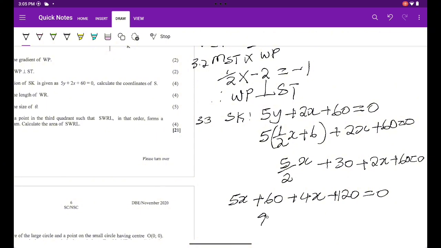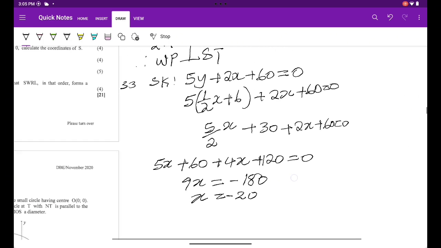The 5x and 4x give 9x, and 60 and 120 give 180. Taking it to the other side it is negative 180, so x is 180 divided by 9, which is 20, with a negative, so x is -20. Now we can substitute to get the y value.